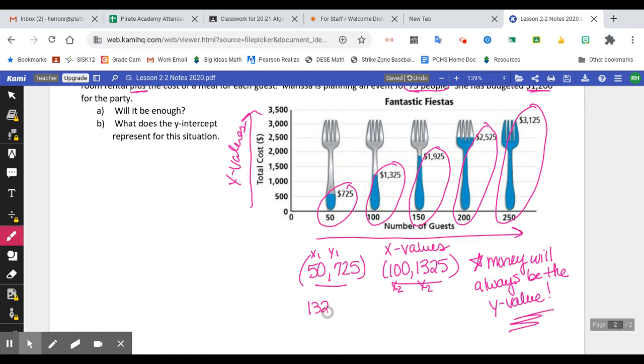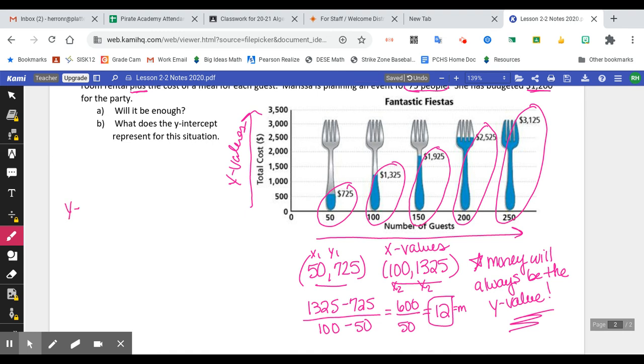So 1325 minus 725 over 100 minus 50. Those two give me 600 over 50. And if I divide that, I get 12. Okay, so 12, hopefully you are understanding, this would be our m, or our slope.